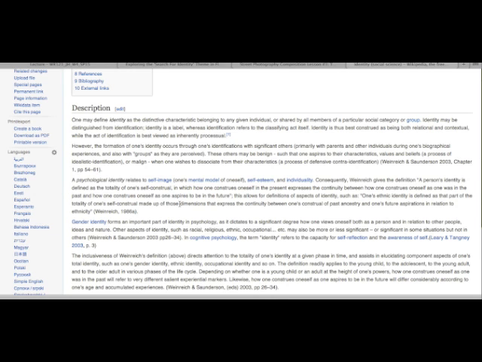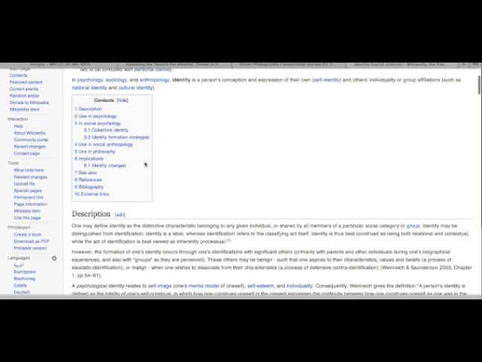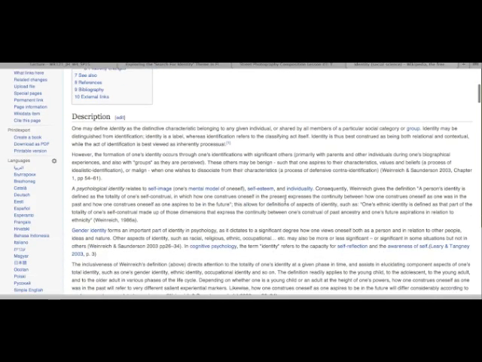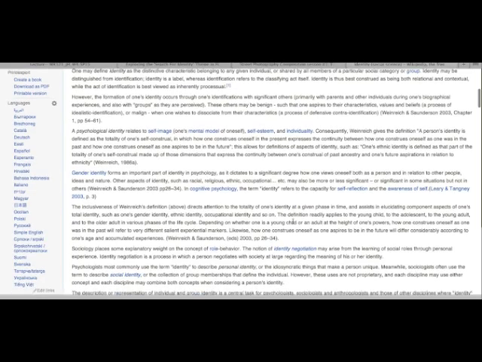So from the psychological point of view, the social point of view, the anthropological point of view, the philosophical point of view, implications of identity, and it talks about identity changes, so that even that's something that you could kind of narrow in on and take a look at in your essays.